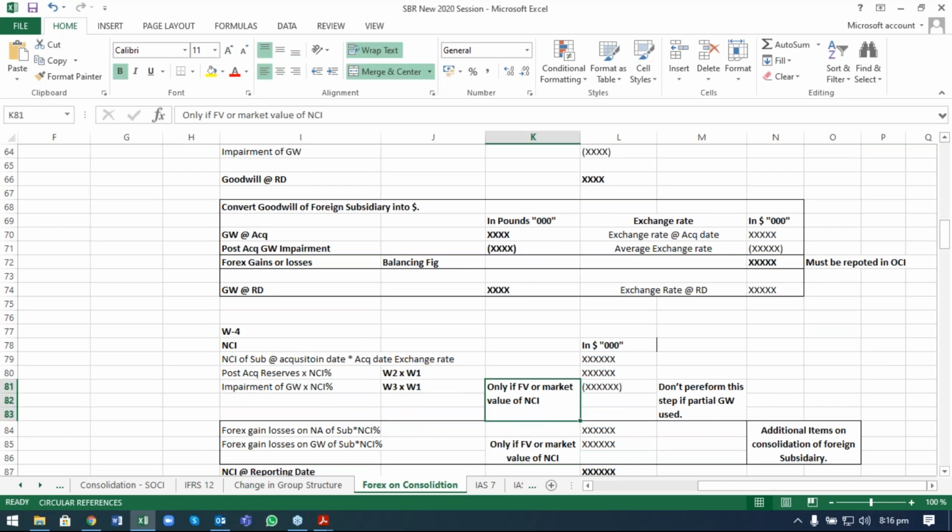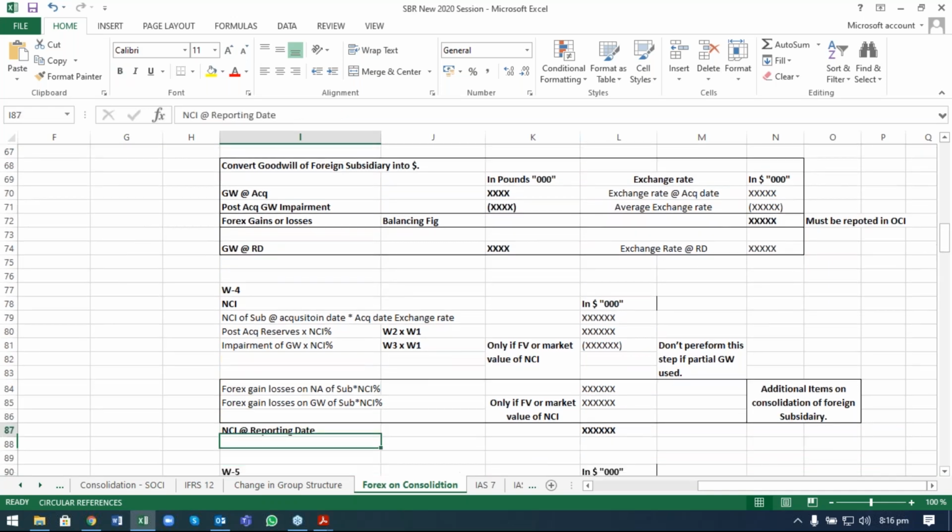If the full goodwill method was used, then you're not supposed to apply this foreign exchange. Another step when you are calculating NCI: if the full goodwill method is used, only foreign exchange on net assets of the subsidiary multiplied by the NCI percentage is calculated. This is something additional on consolidation of a foreign subsidiary.